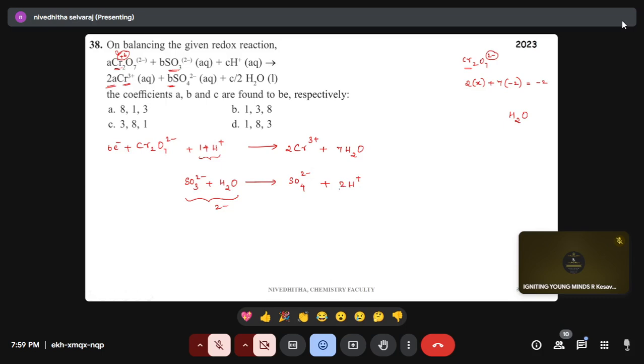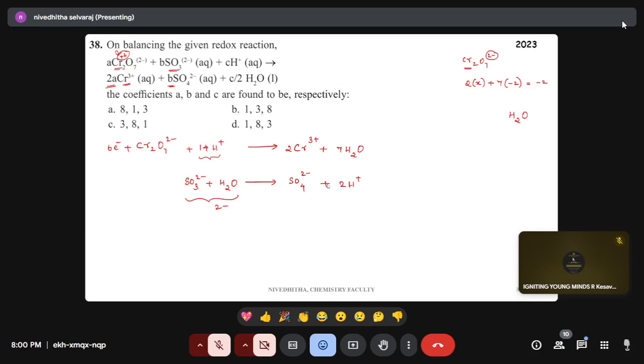So how many electrons do we need to add to the right to get 2 negative charges? How many electrons have to be added on the product side to make it 2 negative? Right side we have 0 charge, and we have to make it 2 minus.